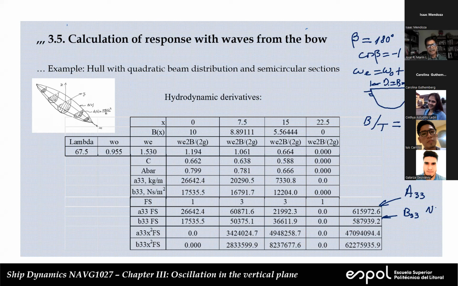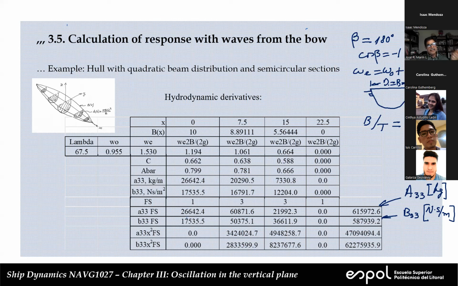So it's force times time over length in the international system of units. You multiply this by velocity and you get force. A33 is in kilograms. You multiply this by acceleration and get newtons.